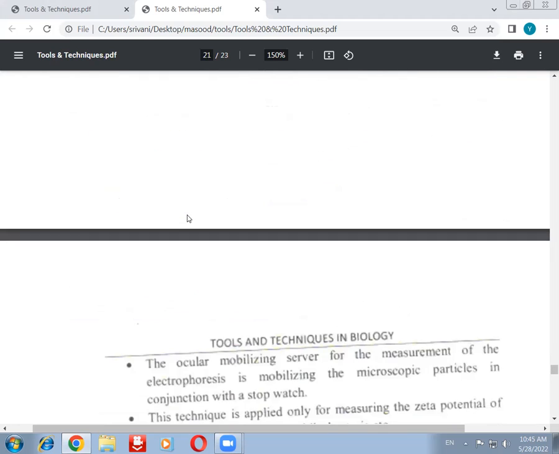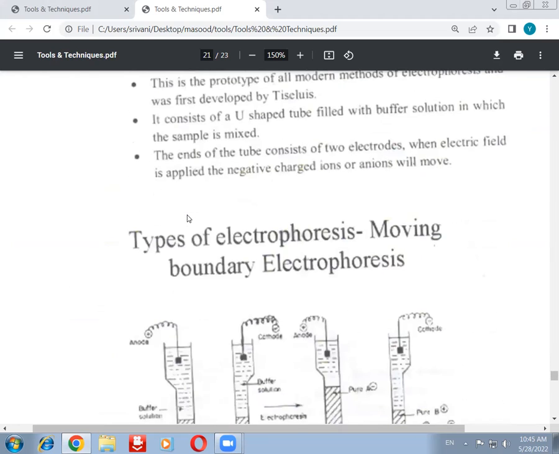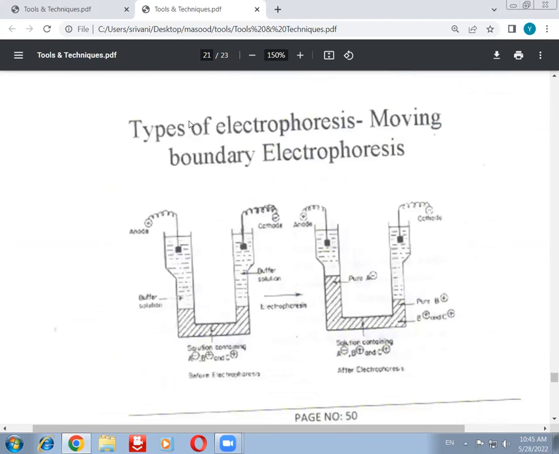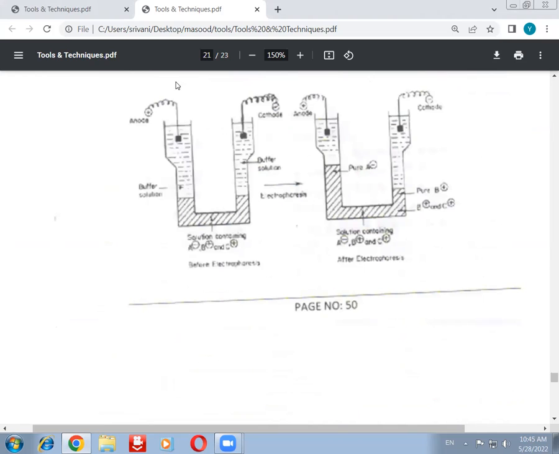Next, we can go to the diagram of moving boundaries electrophoresis. Here the wires are given. This is the anode, and this is known as the cathode. The anode has a positive charge, the cathode has a negative charge. Next, buffer solution is used.